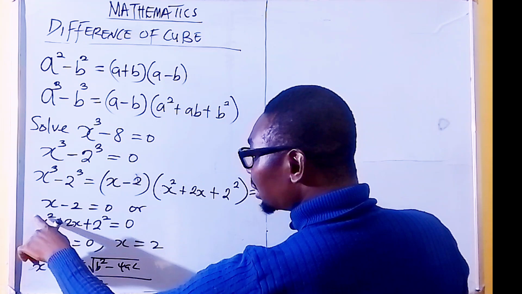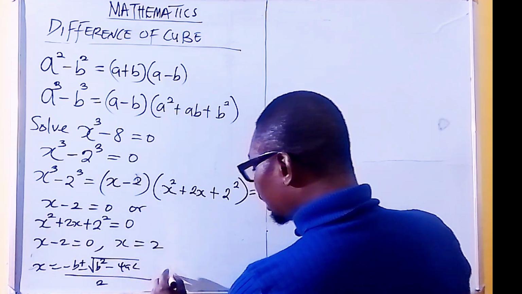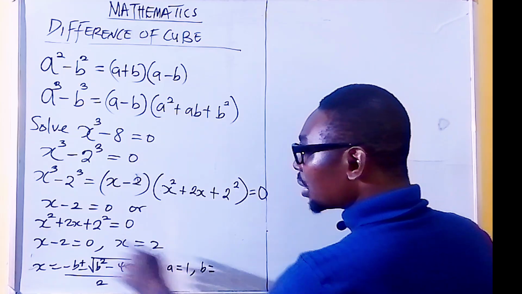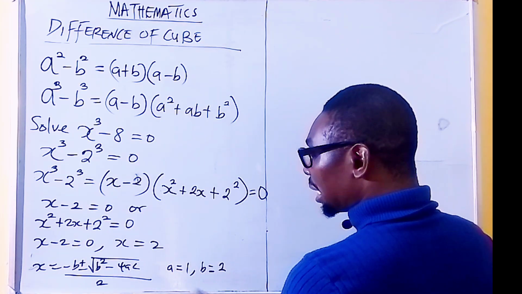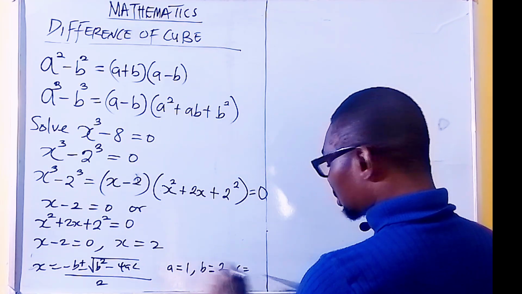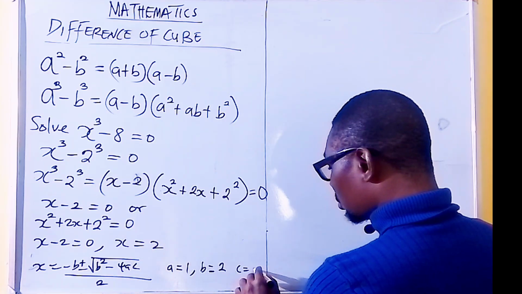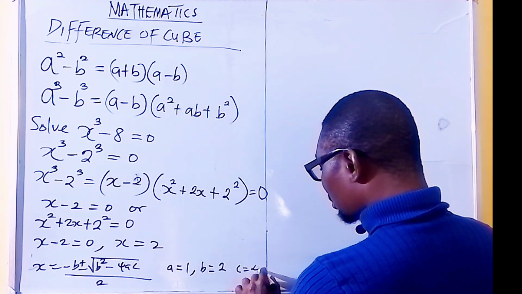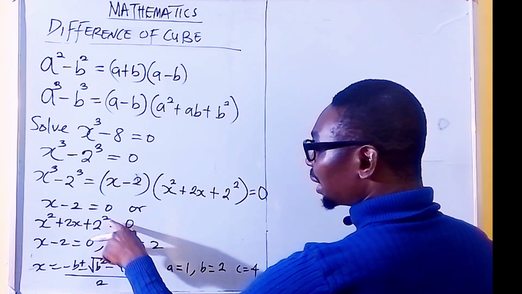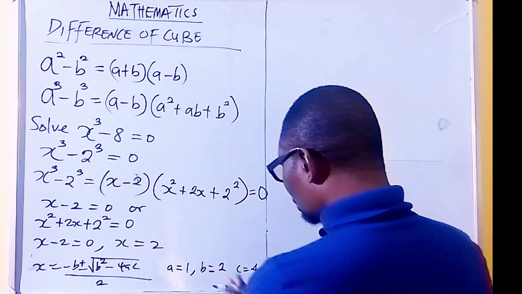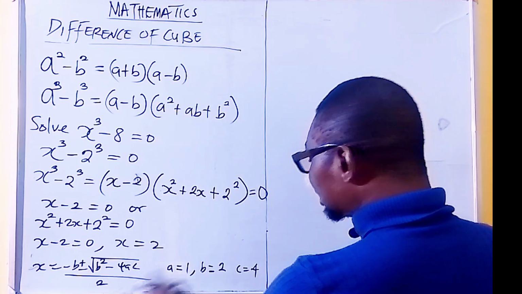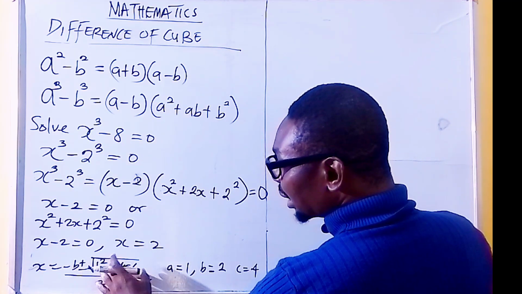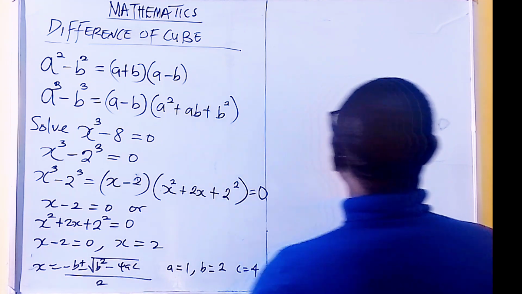Therefore, here, the coefficient of x square is 1. Therefore, our a will be 1. Our b will be 2. Our c will be 4, because 2 raised to the power 2 is 4. So at this point, this information should be substituted into this formula.